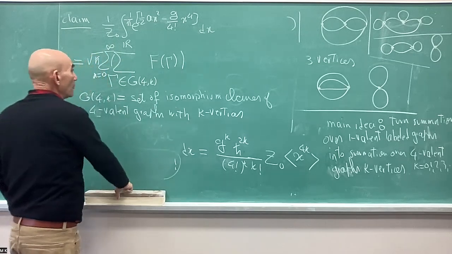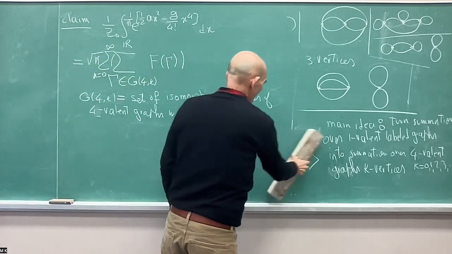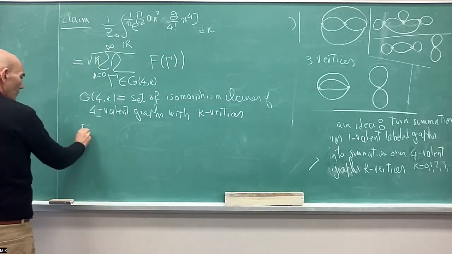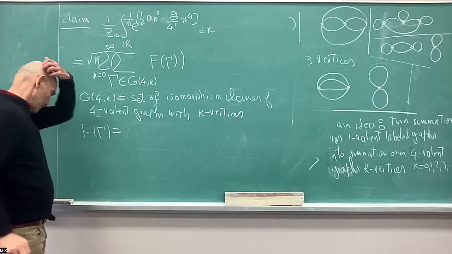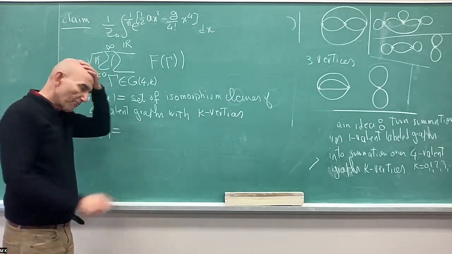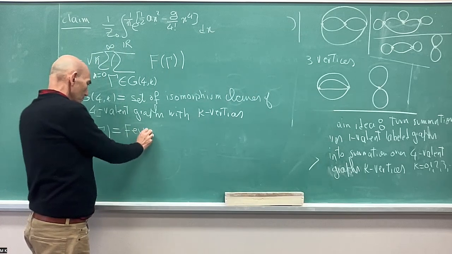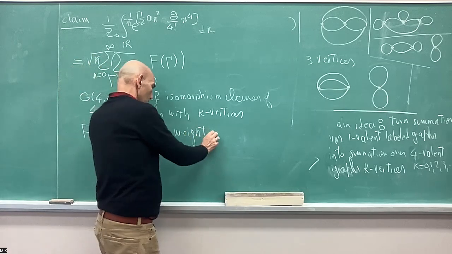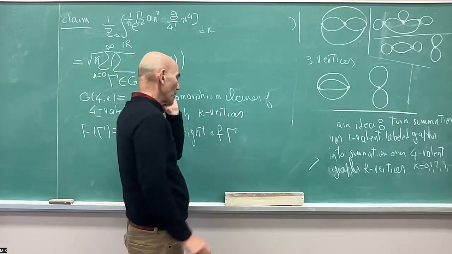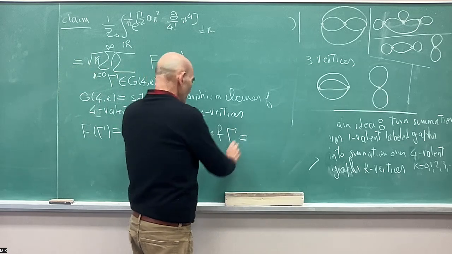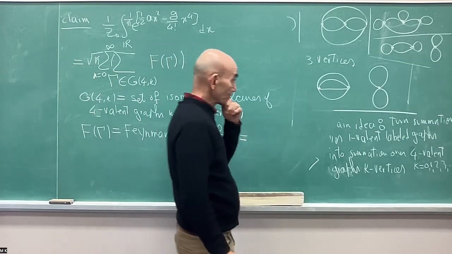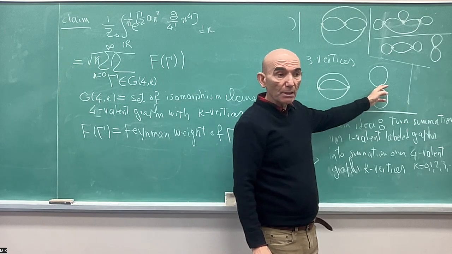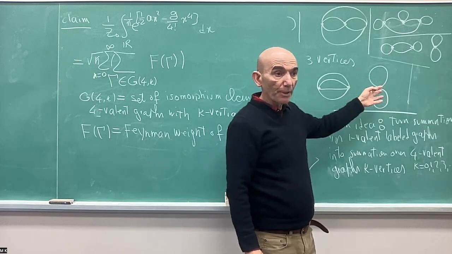Okay, so now what is that f of gamma? This f of gamma is called the Feynman weight of this graph, and it's defined as follows. We will just decorate these graphs with propagators.